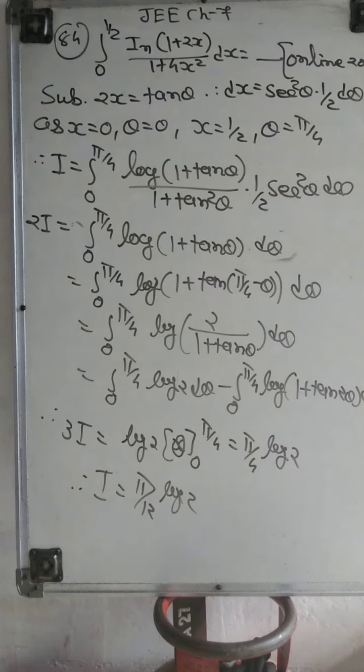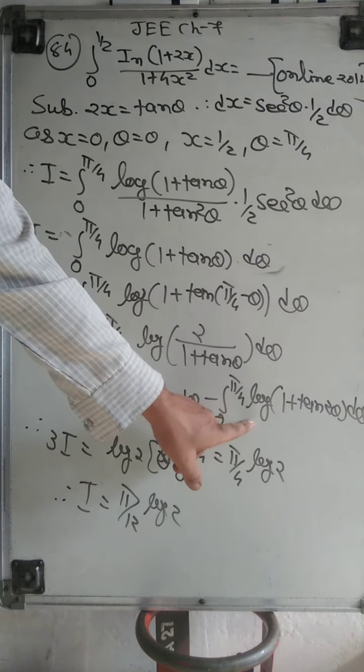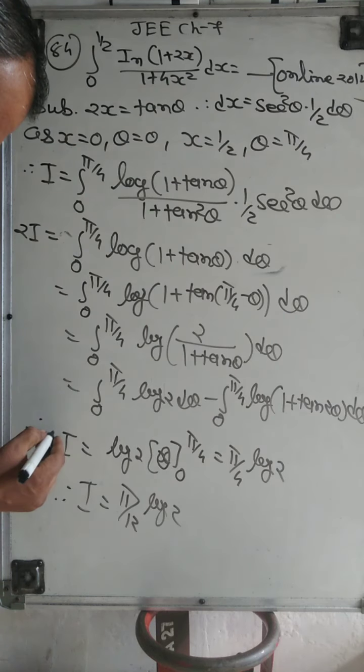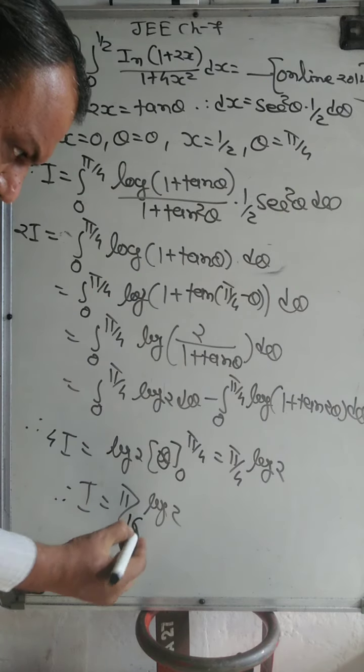Okay, one thing you remember: here we put I, but this is not I, it is 2I. So our answer is quite different. This is 4I, and then we have 16, right?